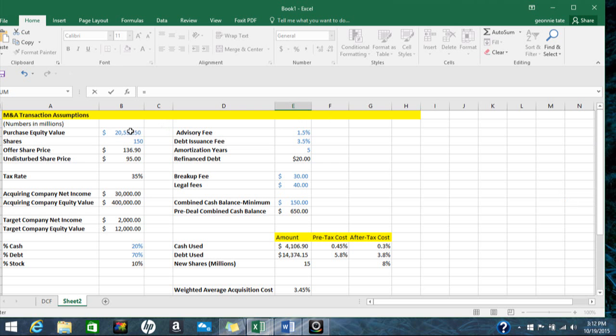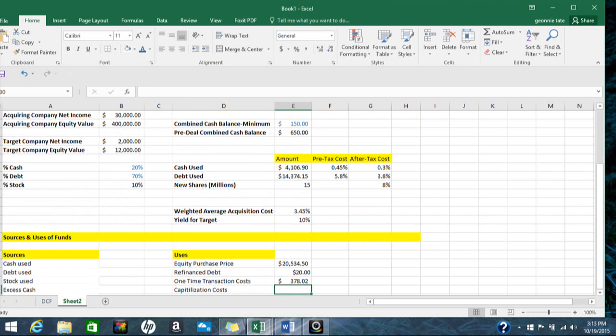You'll take the purchase equity value, multiply by the advisory fee, plus the breakup fee, plus legal fees. These will vary throughout different acquisitions, the amount and whatever the fee is.